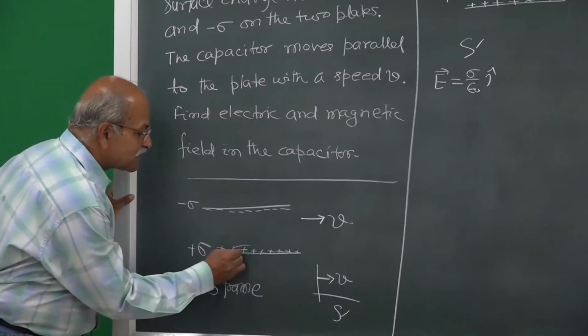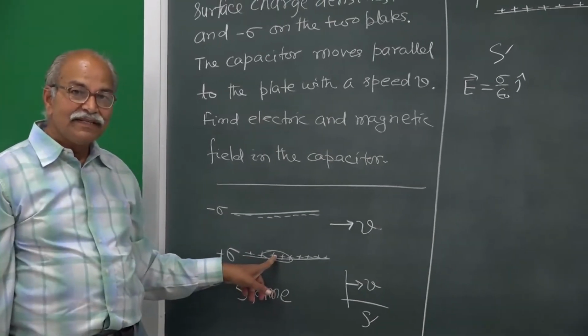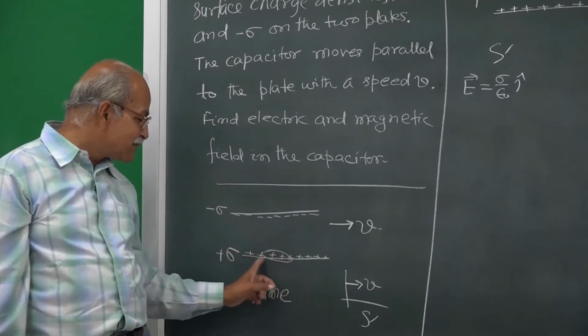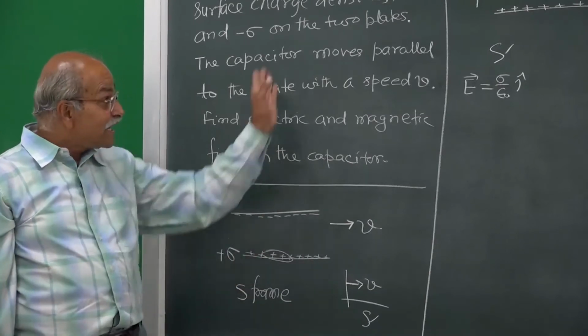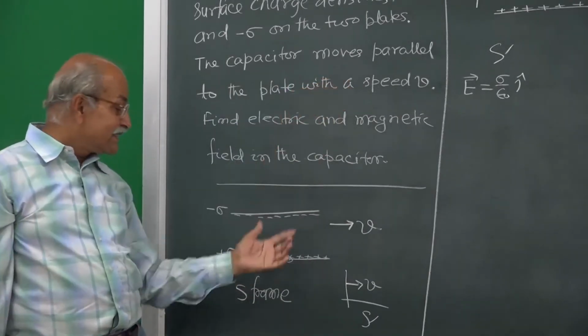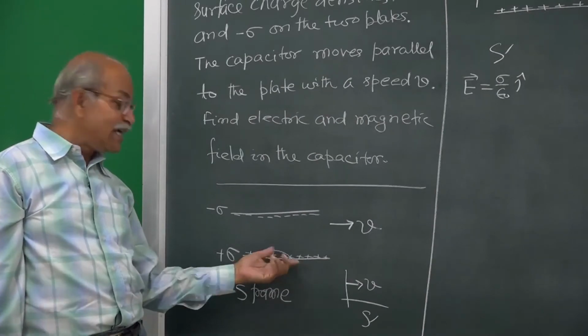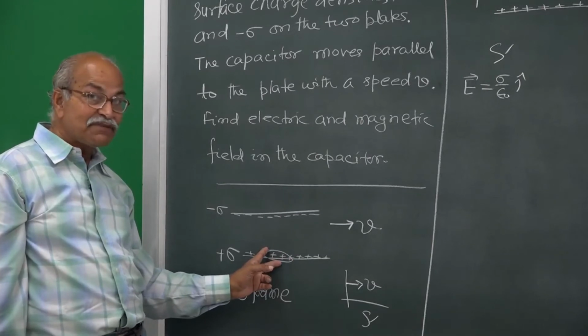On this capacitor if you take some area, then the charge contained here divided by that area will be this sigma. When you change frame, the charge remains the same in this area, but the area itself changes because of length contraction.